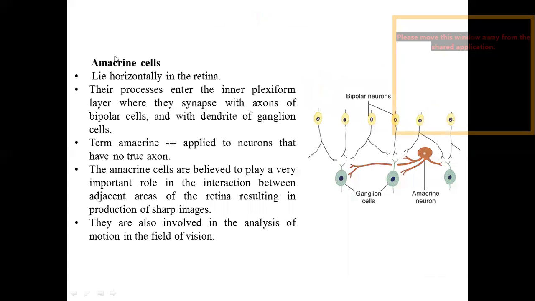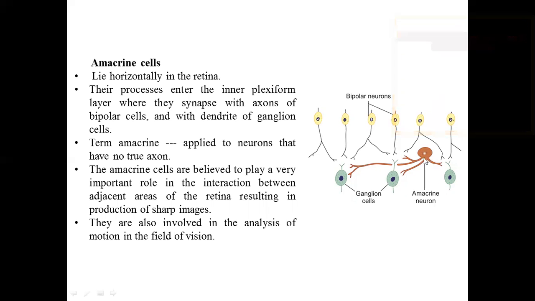Now again important cells, amacrine cells. So here you can see, they are more on the inner portion of the layer. So their processes enter the inner plexiform layer and they synapse with axons of bipolar here, upper side, and also with the dendrite of ganglion.